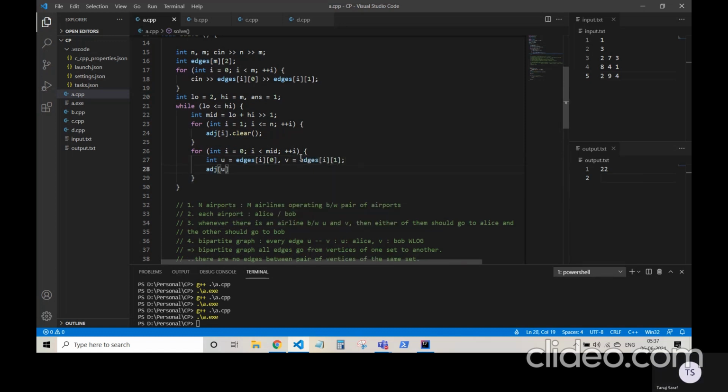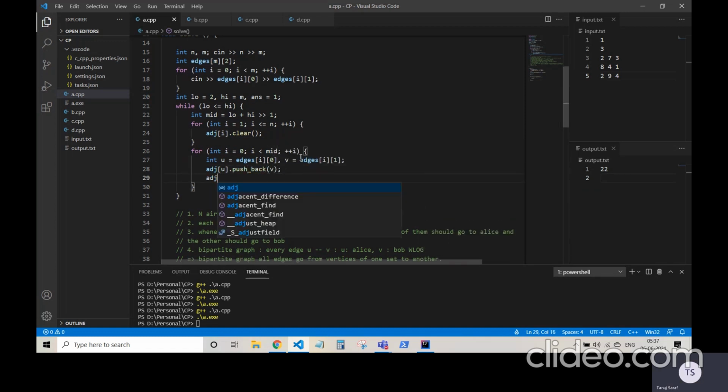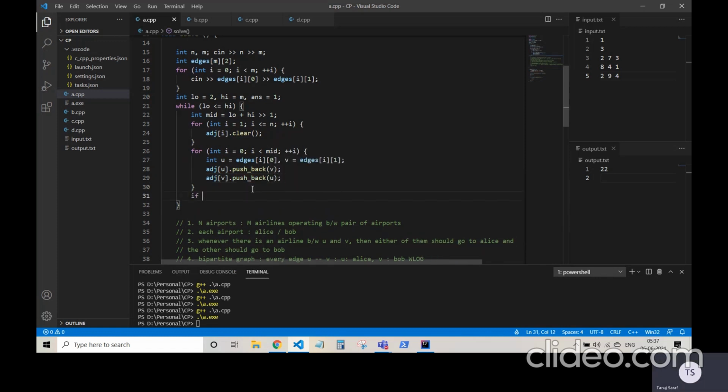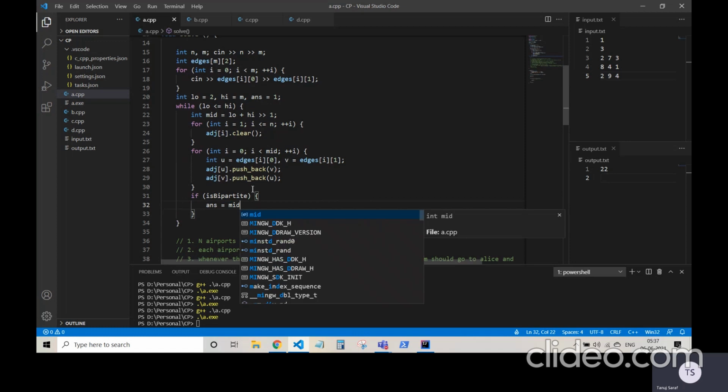The first mid number of edges are to be added, and then we are supposed to check if the graph till now is bipartite or not, right? So if we have a function that tells us if the graph is bipartite or not, then we know that this particular number of edges can be added.